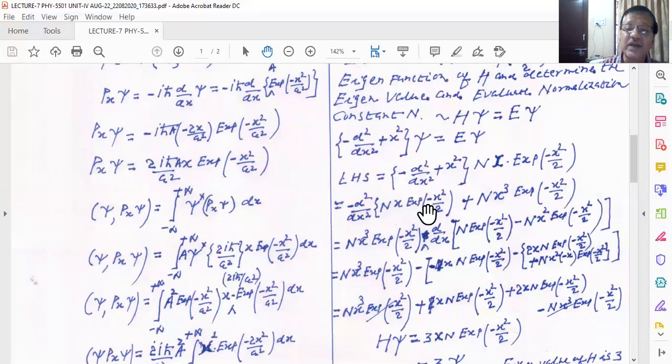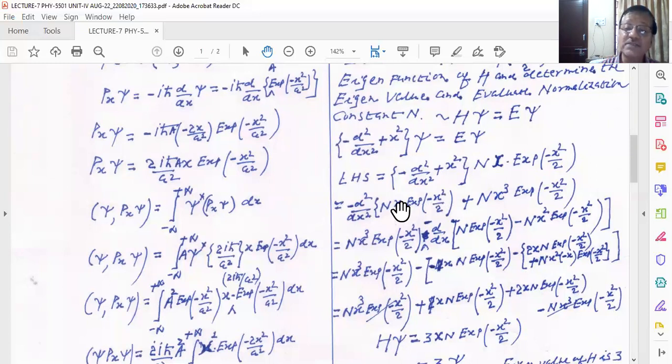Now you keep x constant and differentiate the exponential of minus x square by 2. I keep this x. So N x, and the differentiation of minus x square is minus 2x, divided by 2, that will be minus x.